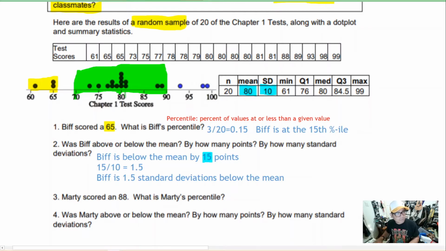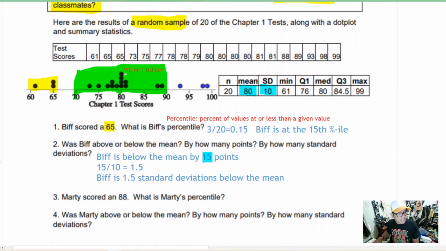In other words, they're within 80 minus 10 points and 80 plus 10 points. Clearly that doesn't apply to Biff because he falls outside of that range, and we can quantify that by taking that 15 and dividing by the standard deviation of 10, and that's 1.5 standard deviations below the mean.